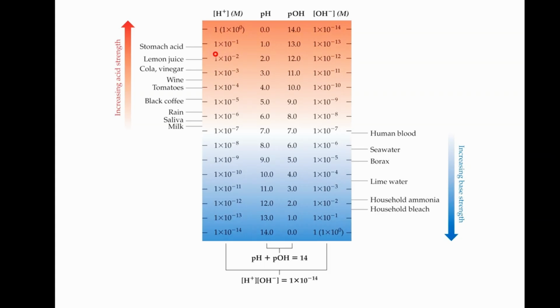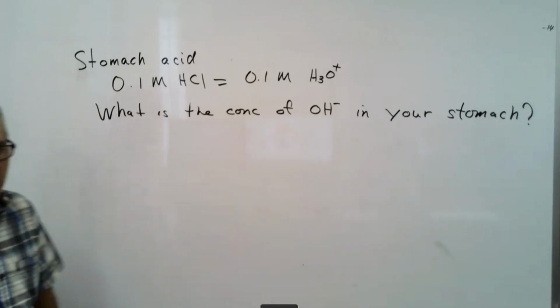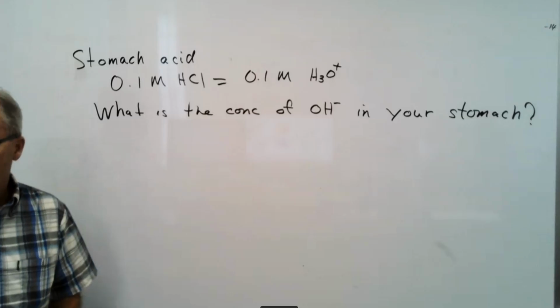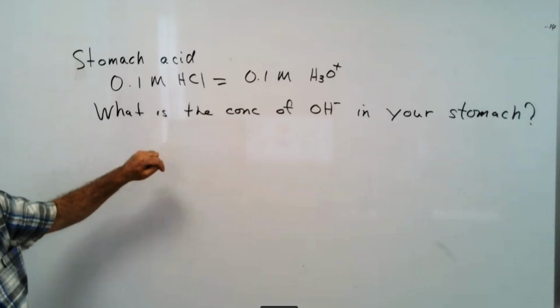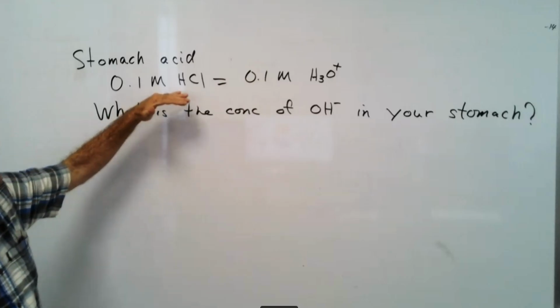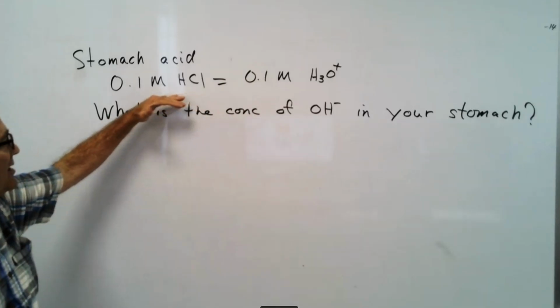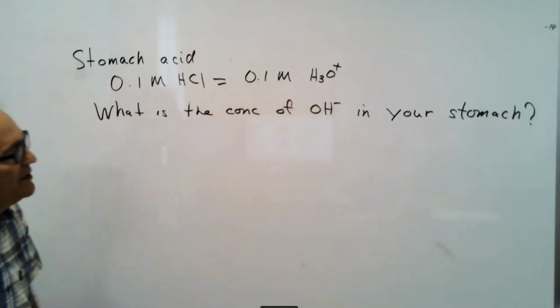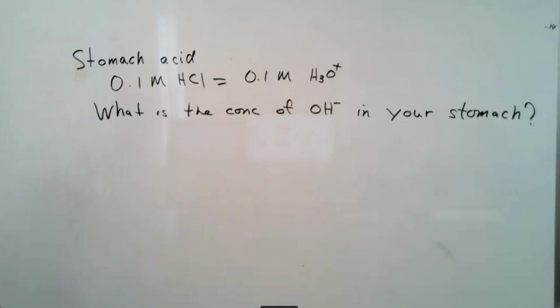What is the hydroxide concentration in your stomach? And it's still alright. We'll just write this out as a nice, fun word problem. Stomach acid is 0.1 molar HCl, and this should lead into something coming up later with knowing the pH of a strong acid. Since a strong acid completely dissociates, that also gives us the hydronium concentration.